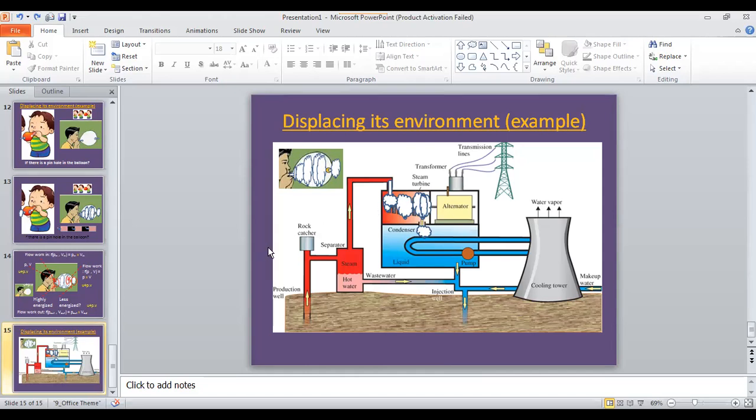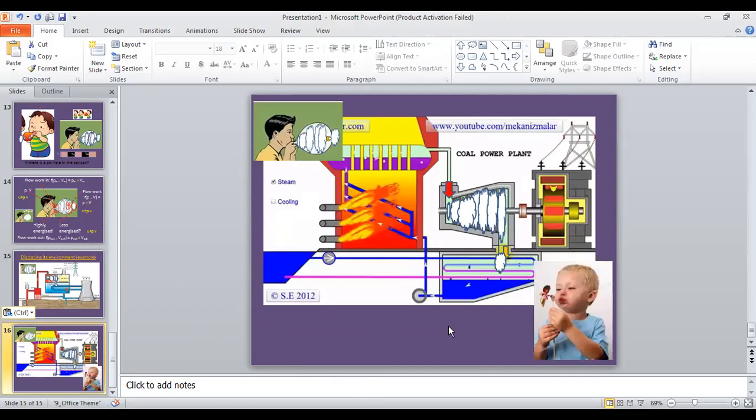This effect, this displacing, somehow you should feel good about this. The same balloon effect, we can see that. If you need one more example, see, this is much better. The generator.